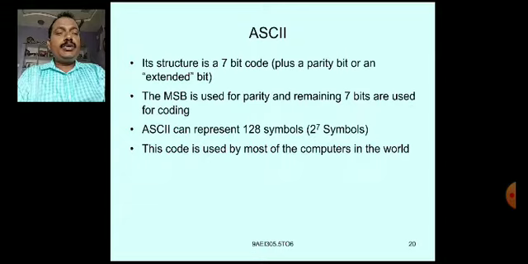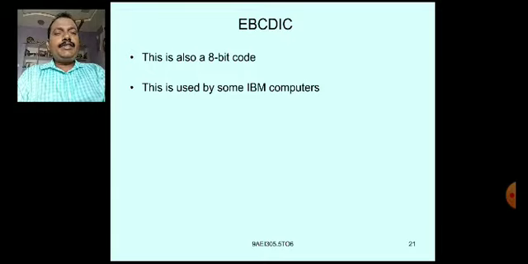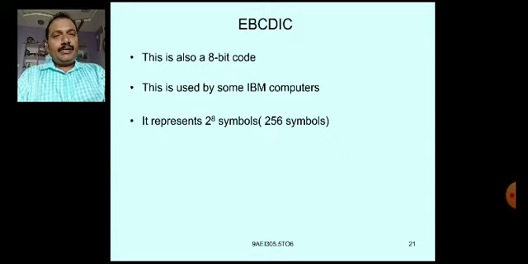This code is used by most of the computers in the world. EBCDIC code is an 8-bit code used by some IBM computers. It represents 2 power 8, that means 256 symbols, because it is an 8-bit code.